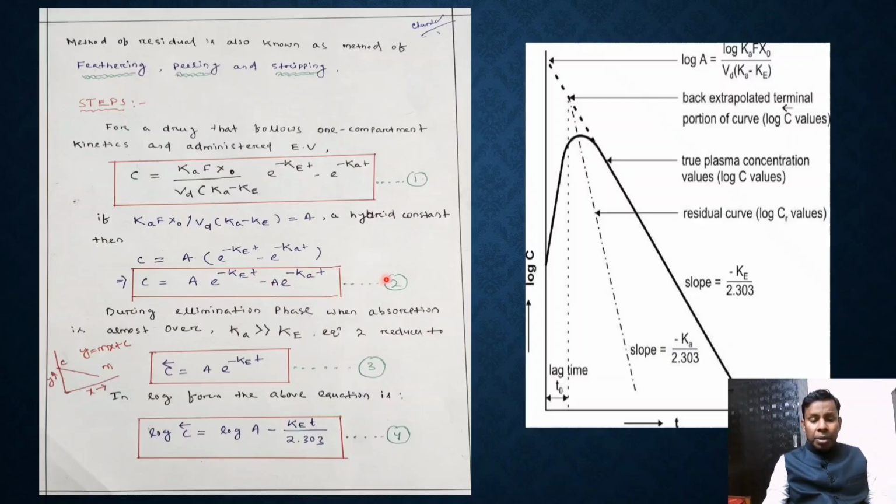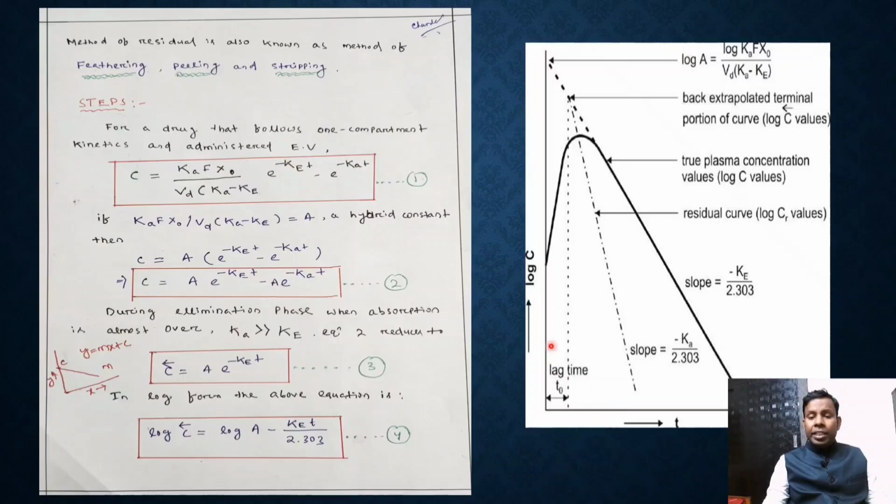So equation 2 can be written as C back is equal to A e to the power minus Ket during the elimination phase, because this part will become 0 as the absorption will be almost nil. C back stands for back extrapolated plasma concentration.